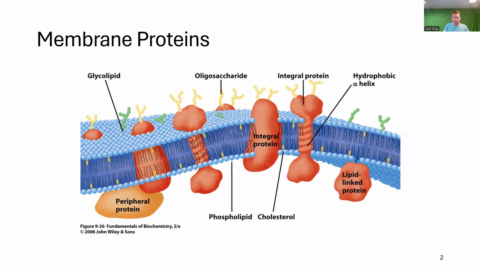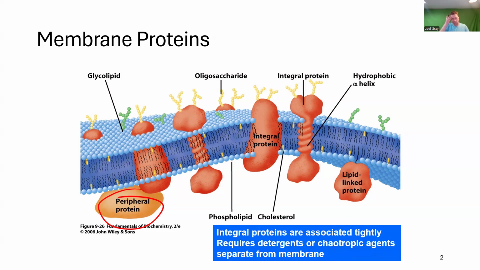We'll see a peripheral protein that's found on only one side of a lipid bilayer, on one leaflet. Then there are your integral proteins that are tightly associated with the membrane, and chances are they are embedded and threaded through that membrane.